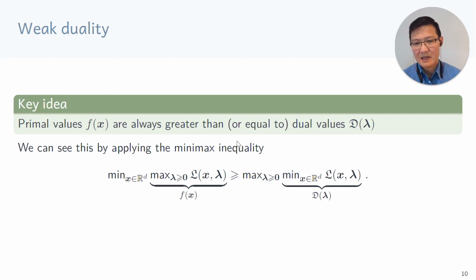Okay? And by observing that the left-hand side is greater than the right-hand side by the Minimax inequality, we can show that the primal value is always greater than the dual value. This relationship is called weak duality, and it always holds, and it allows us to build efficient optimization problems.